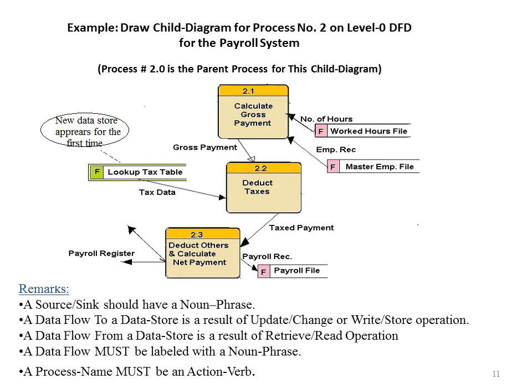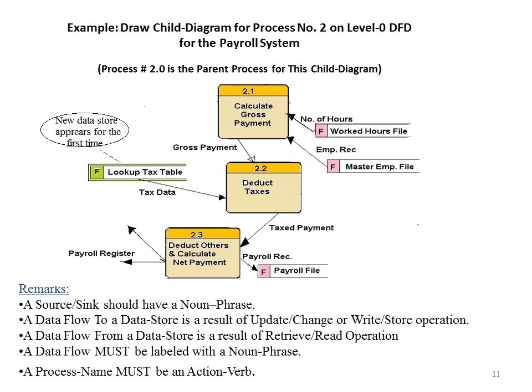This is an example of a child diagram or level 1 for process number 2 on the level 0 DFD for the payroll system. As you can see, process 2 is now divided into 3 processes: 2.1 calculate gross payment, 2.2 deduct tax, and 2.3 deduct others and calculate net payment. On the right side you can see 3 data stores: worked hours file, master employee file, and payroll file.